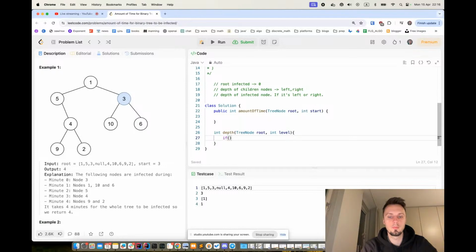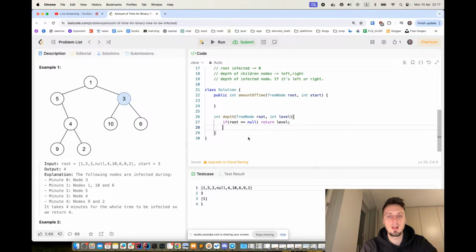If a root is equal to null, we return level. And here we do 2 calls, root left with level + 1, and root right with level + 1.